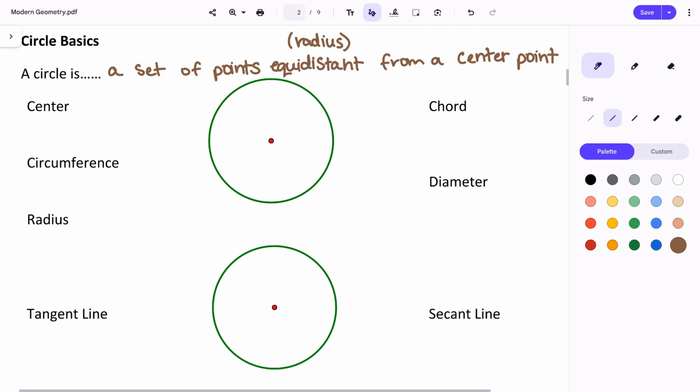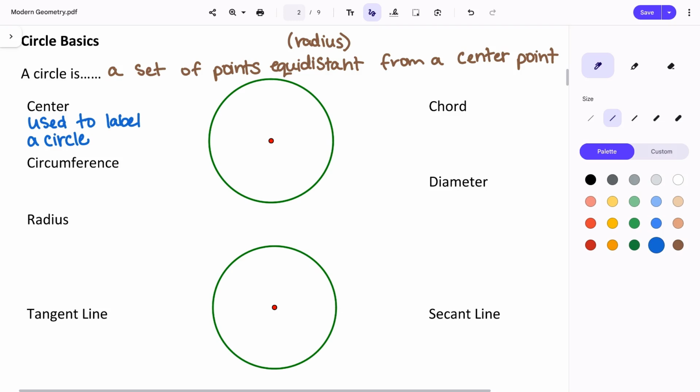So the center is pretty simple, it's just used to label a circle. And we saw this even yesterday when they were talking about the center from this circle went to the center of this circle. It was a coordinate.